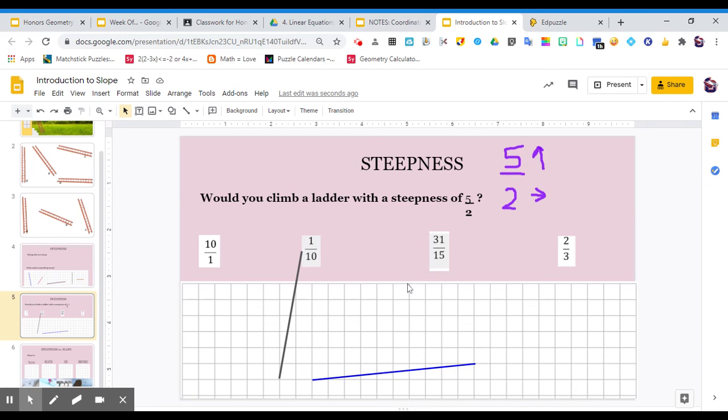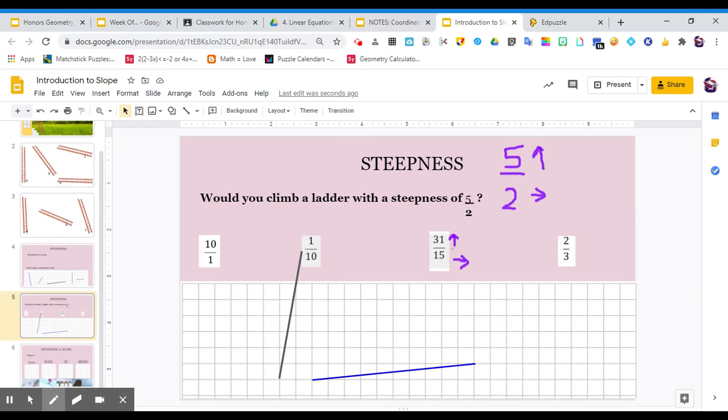But what about 31 over 15? In this graph, I don't have that much space to go up 31 and over 15. So what do you think? Do you think this would be steep or not steep? Well, I think of it like this. 31 is close to 30.